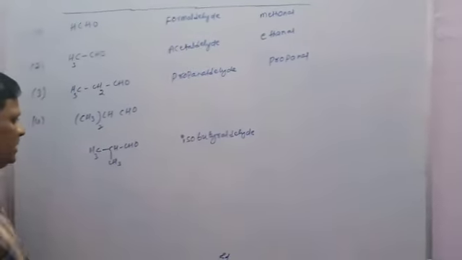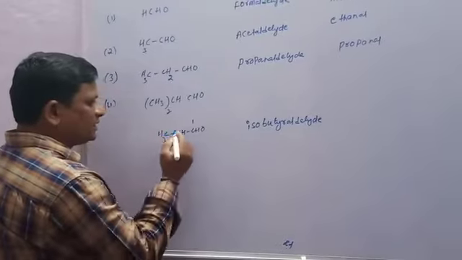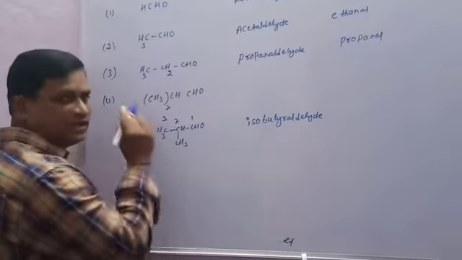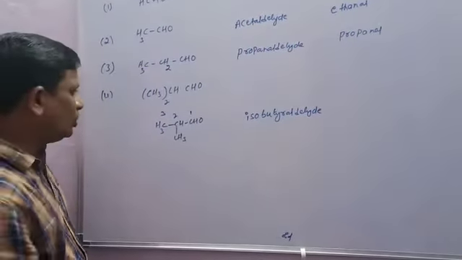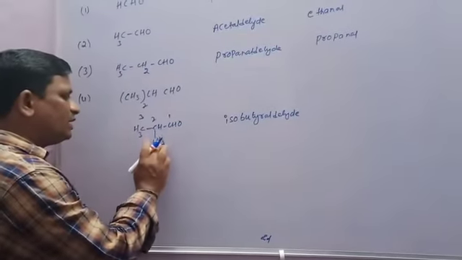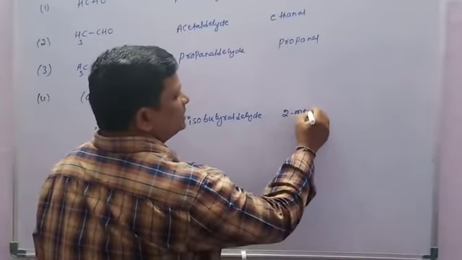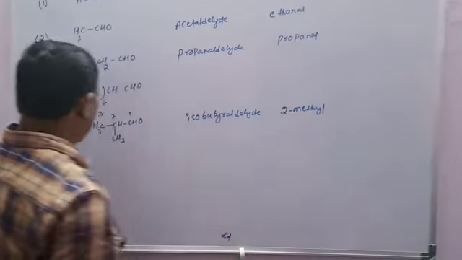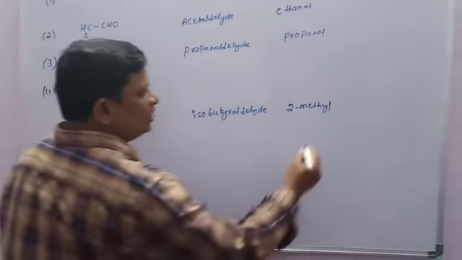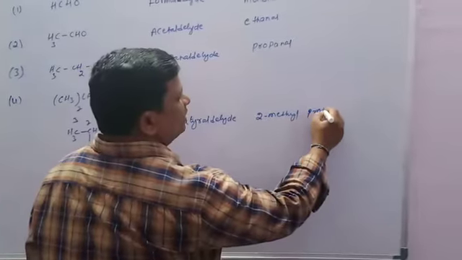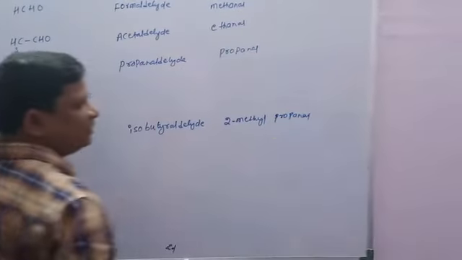The common name is isobutyraldehyde. In the IUPAC name, this carbon is the first carbon, this is the second carbon, this is the third carbon. The second carbon has a methyl group, so the name of the compound is 2-methylpropanal.